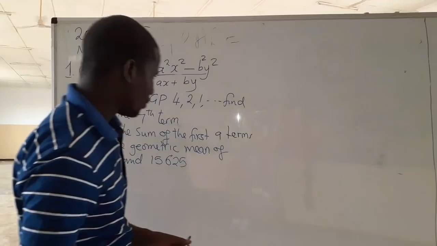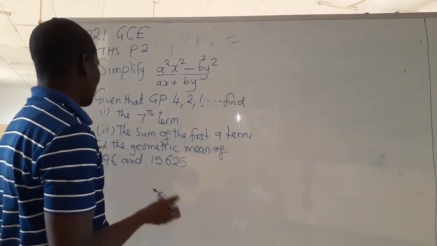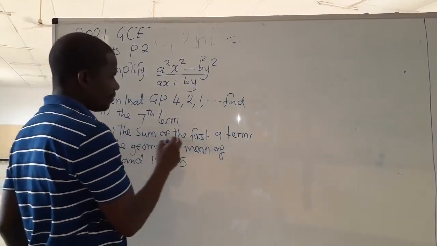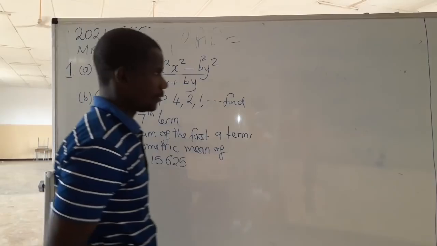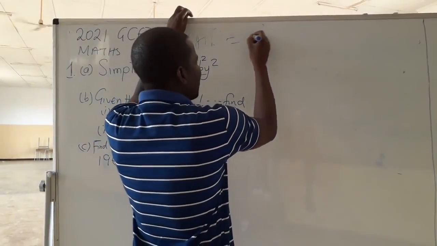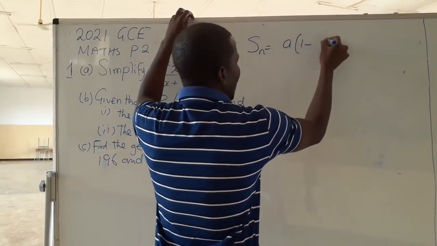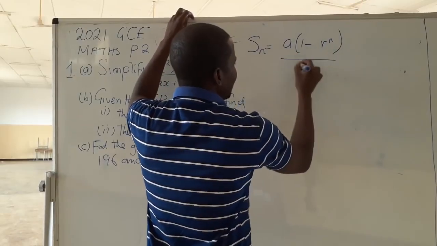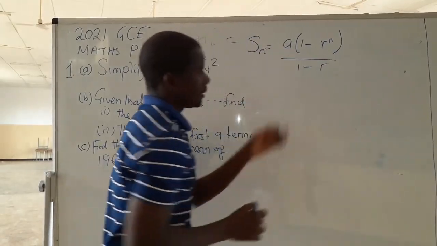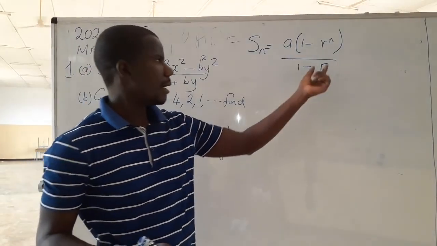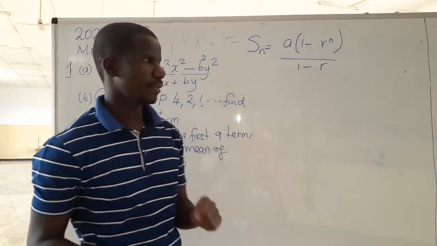Okay. So we come now to the sum of the first 9 terms of the GP. This is the formula that we use when r is less than 1.